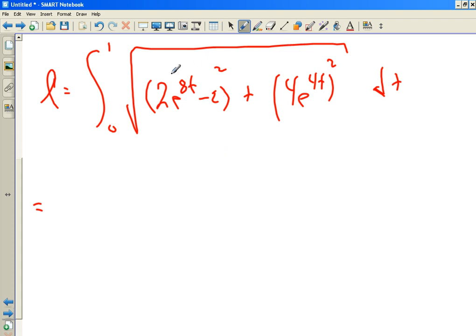Foil it. How about we foil stuff? What's 2e to the 8t minus 2 times itself? 4e to the 16t. Wait, hold up. Oh, sorry, this was wrong. 16t.